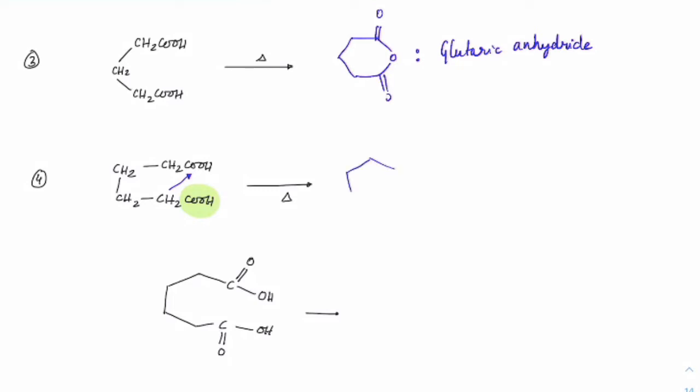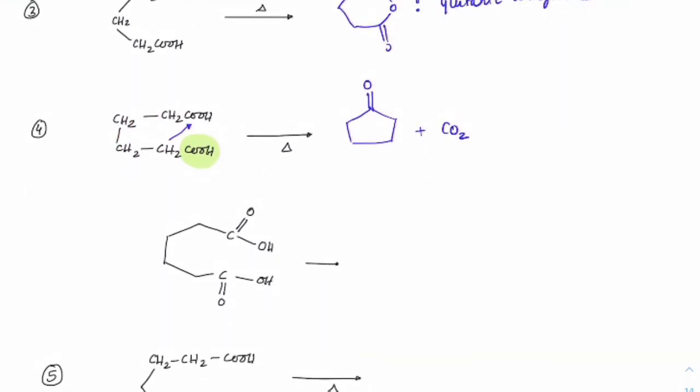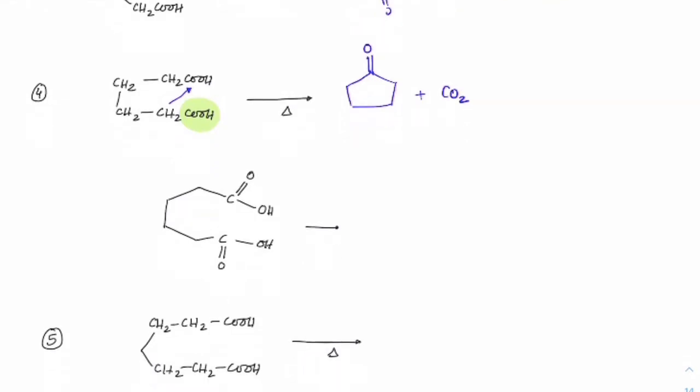So a cyclic ketone is formed here, plus carbon dioxide is released. Got it? If you have 6 carbons or 7 carbons, you should go for this. So we'll get a 5-membered cyclic ketone.